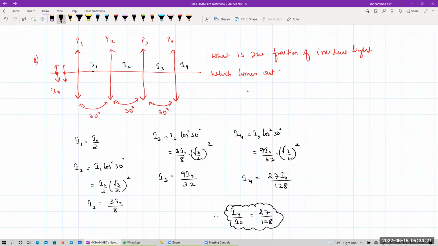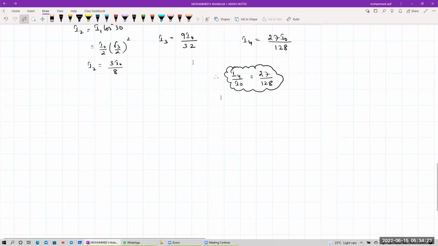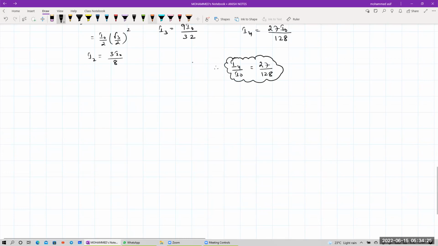I'll give you one general formula. For 3 polarizers, we'll be writing I3 will be equal to I0 divided by 2 into cos square theta whole square.